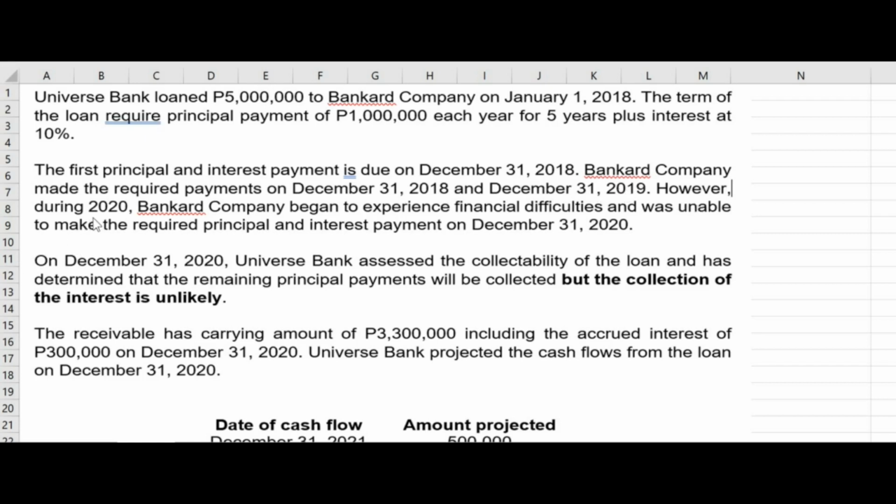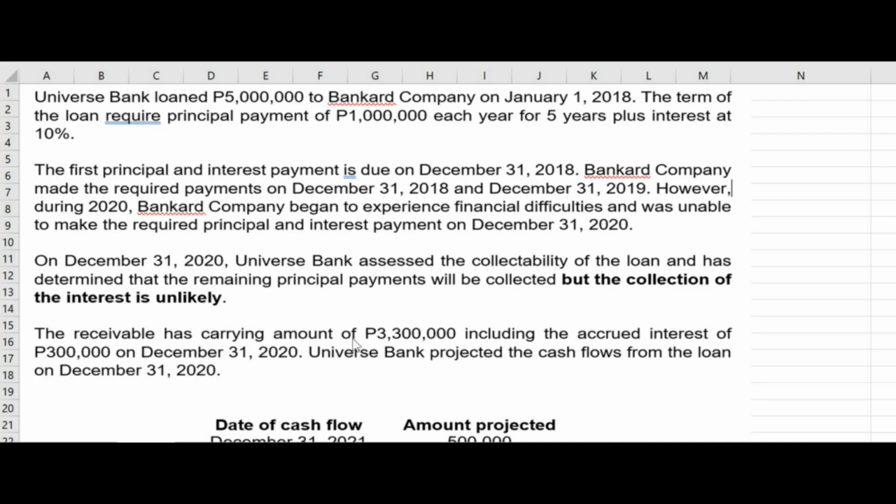However, during 2020, Bank Card Company began to experience financial difficulties and was unable to make the required principal and interest payment on December 31, 2020. On December 31, 2020, Universe Bank assessed the collectability of the loan and determined that the remaining principal payments will be collected, but the collection of the interest is unlikely.